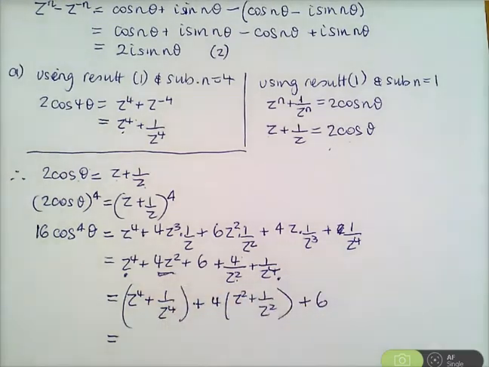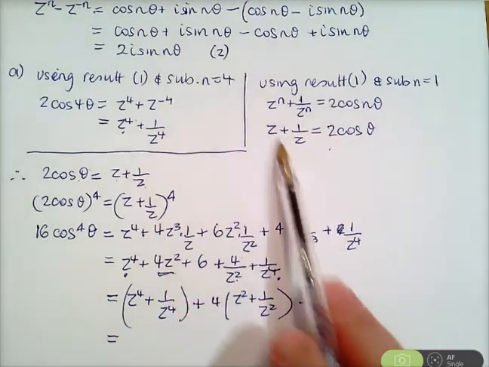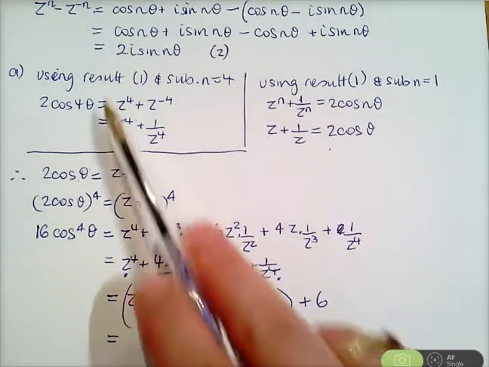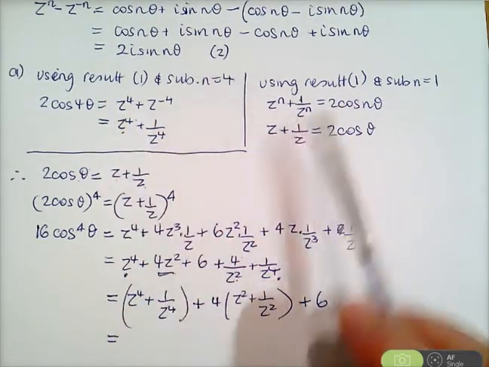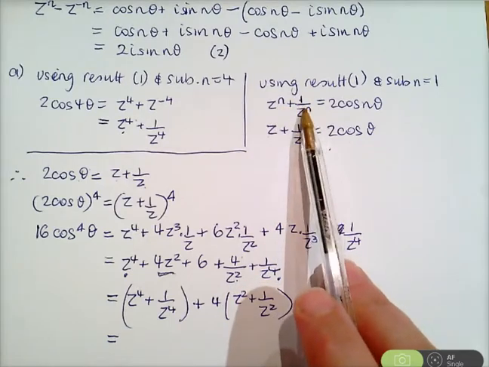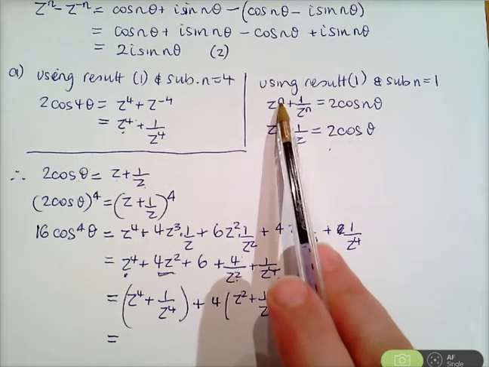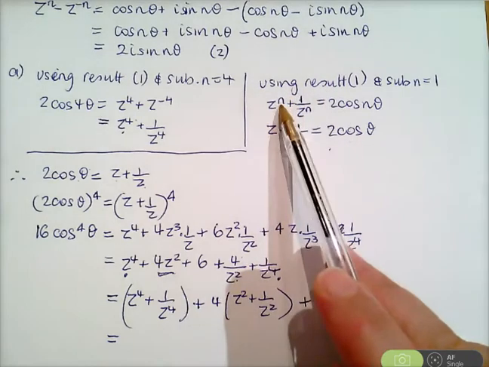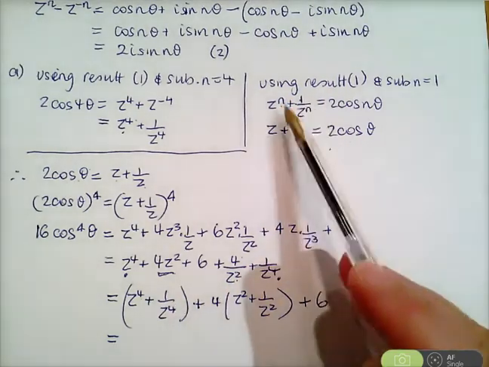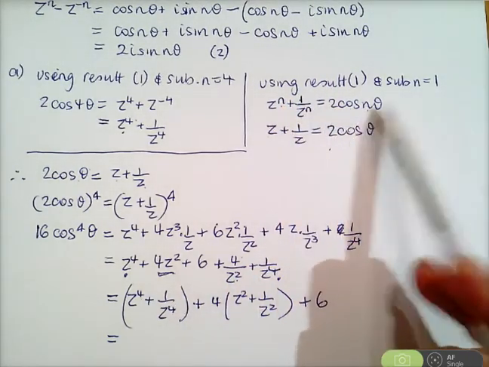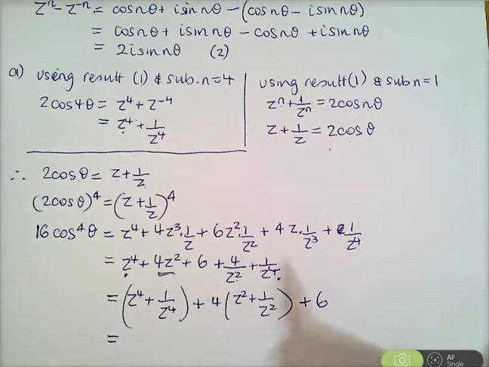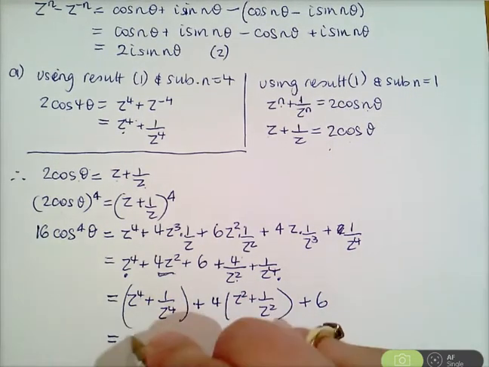Now that is equal to, using this result here, sorry I should have not done this so early. So using this result and substituting n is 4, we get z to the 4 plus 1 over z to the 4 is 2 cos 4 theta, okay?